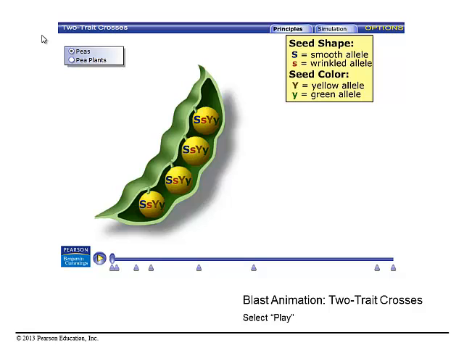Well, again, Mendel was into the peas, right? So he looked at a couple of different traits to see if they sorted independently or they were linked together and sort together. So he looked at seed shape and he looked at seed color. And we're talking about the seeds inside a pea pod.